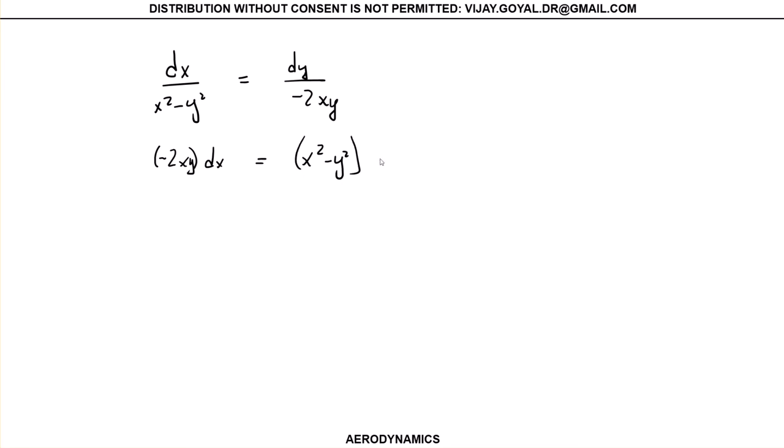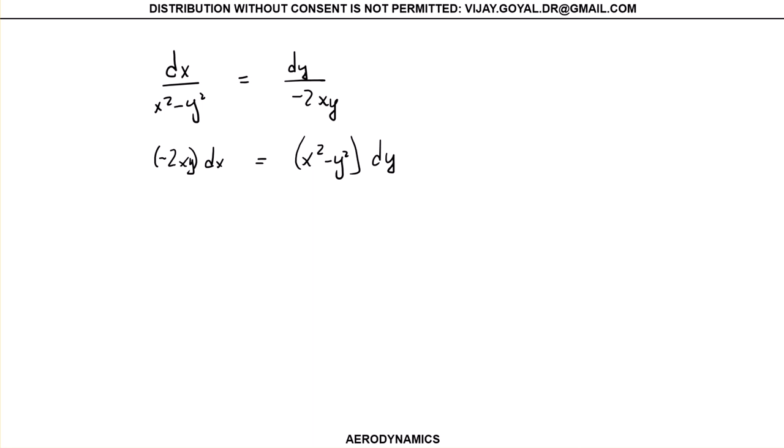What we have really in the problem is dx over x squared minus y squared is equal to dy over minus 2xy. I can multiply on both sides, and just note that what you really end up with in this problem is this: minus 2xy dx is equal to x squared minus y squared times dy.